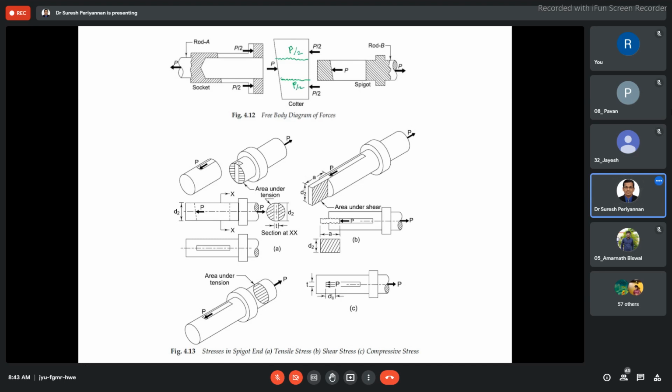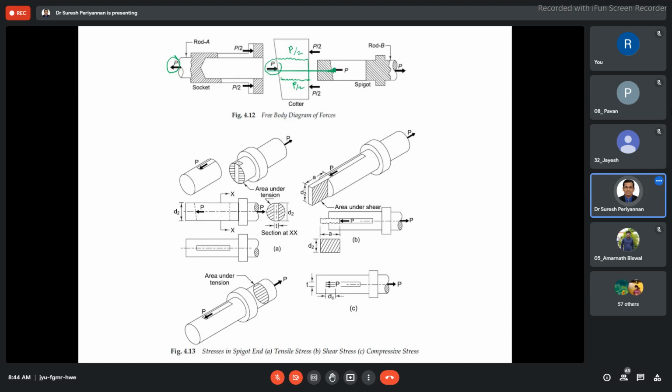Okay, while this force is in the left-hand direction, this force is in the rightward direction, to maintain the equilibrium condition. But while considering this force acting here, this region is engaged with the spigot end, so this side is going to be in the rightward direction.